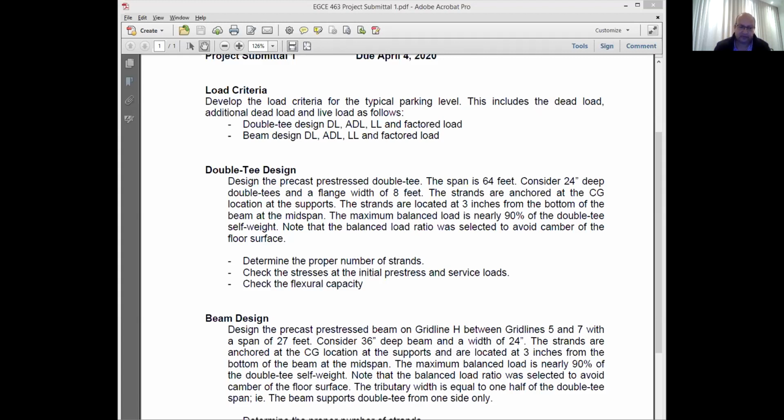So what value would you use? 40 or 50? I'm looking at the ASCE 7. It says 40. Okay, very good.